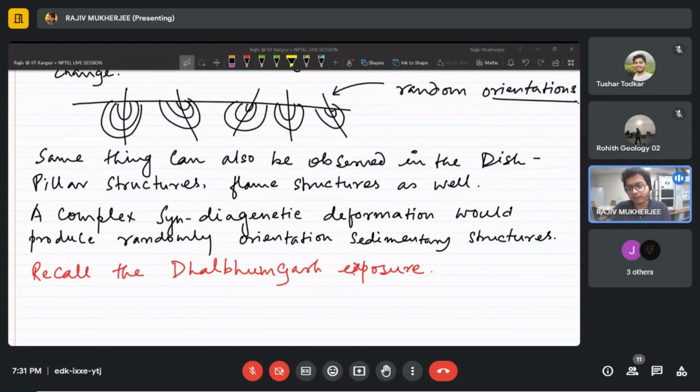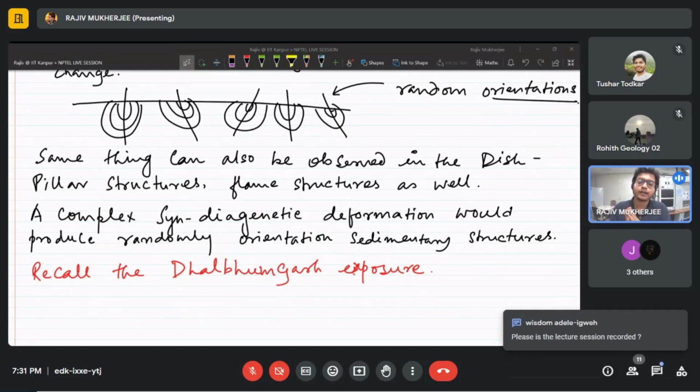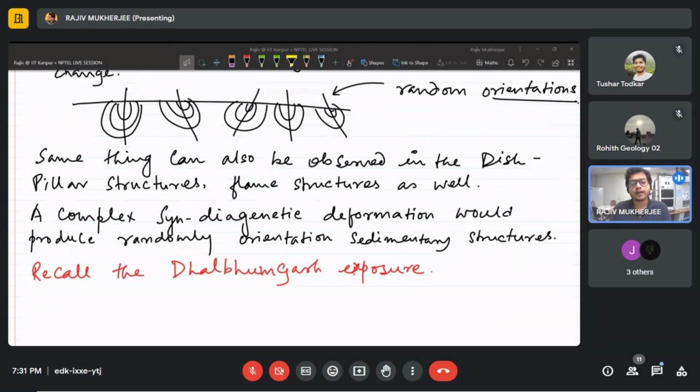Now this complex deformation we essentially talk about is syn-diagenetic deformation, and that would produce these randomly oriented structures.